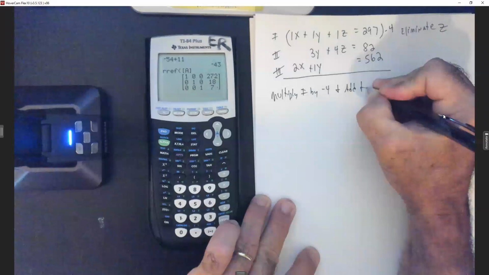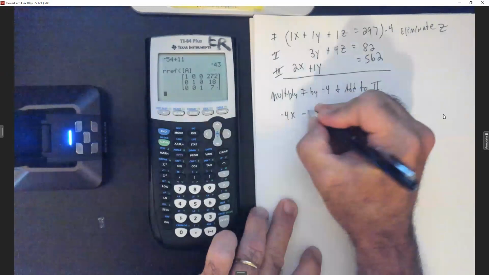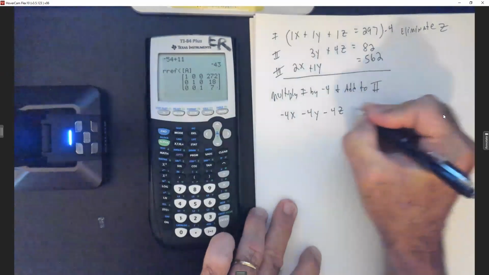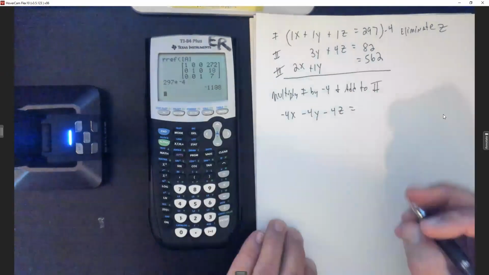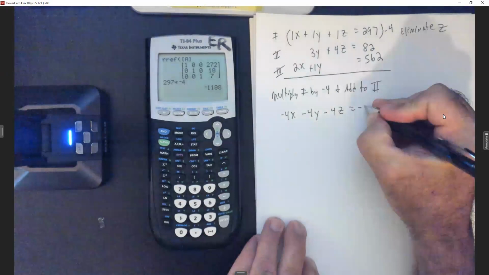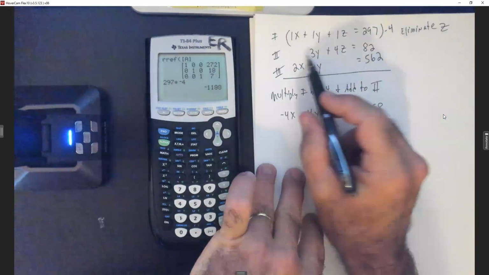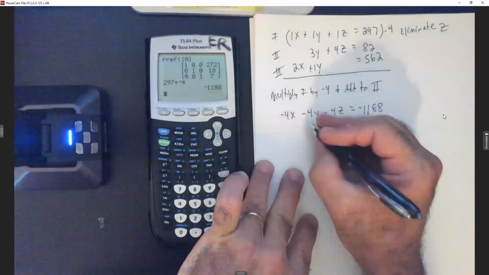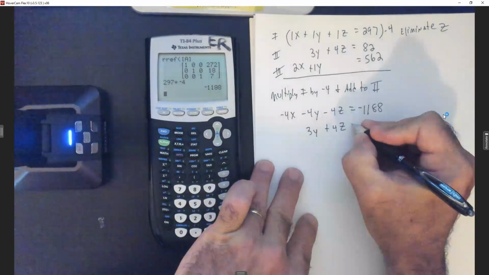So you get negative 4x minus 4y minus 4z. Let's see, 297 times negative 4 is going to give me a negative 1,188. Now, this row is 3y plus 4z equals 82.